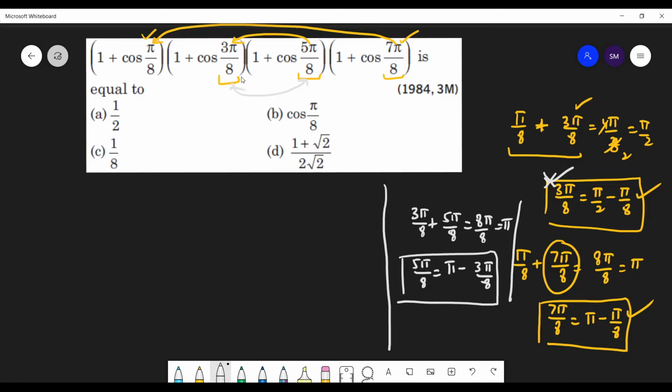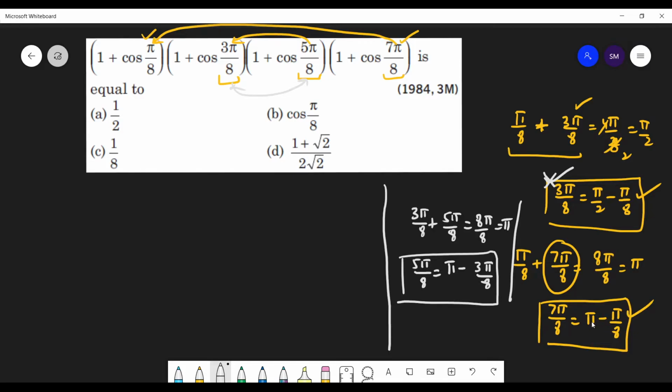So if you're turning them into 3 pi by 8, here obviously this is 90, so this 7 pi by 8 is cos of 180 minus pi by 8.